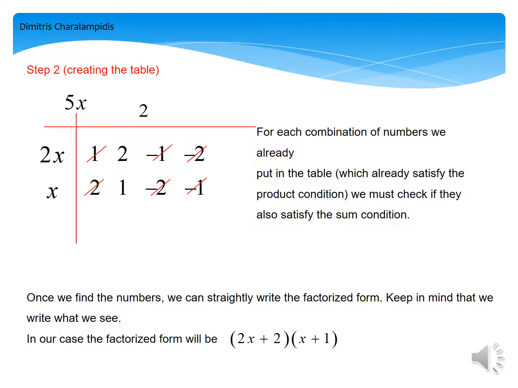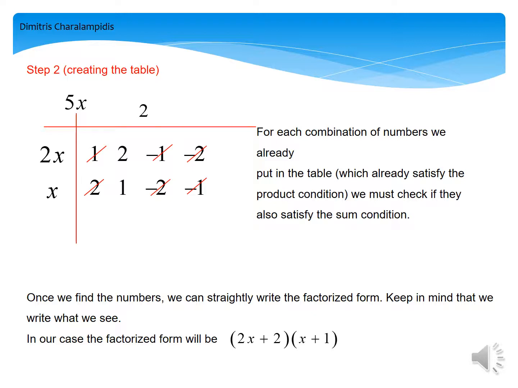Now, for each combination of numbers we already put in the table, which already satisfy the product condition, that is, all of them, when multiplied, give us number 2, we must check for each pair if they also satisfy the sum condition. So, we start by checking.